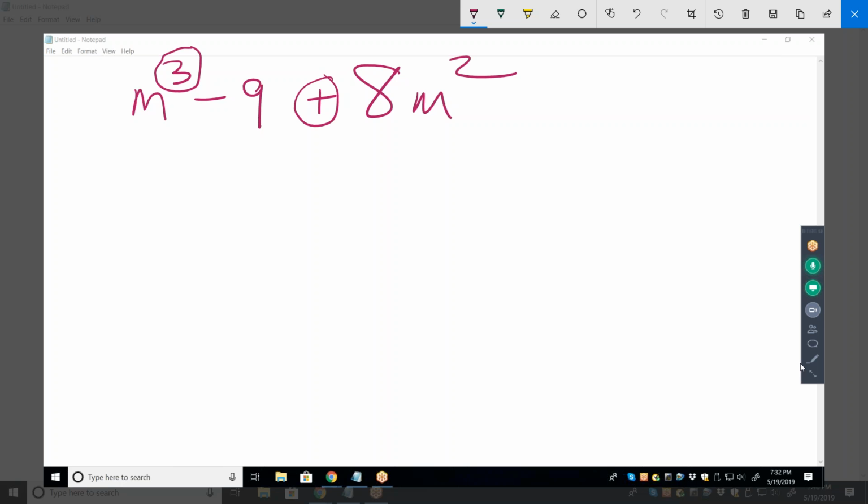In other words, if that was multiplied, then I would have m to the 5th, so it would be a 5th degree polynomial. But as long as you're adding, you cannot add m squared to m cubed. You can multiply, you can divide, you can exponentiate, but you cannot add or subtract.